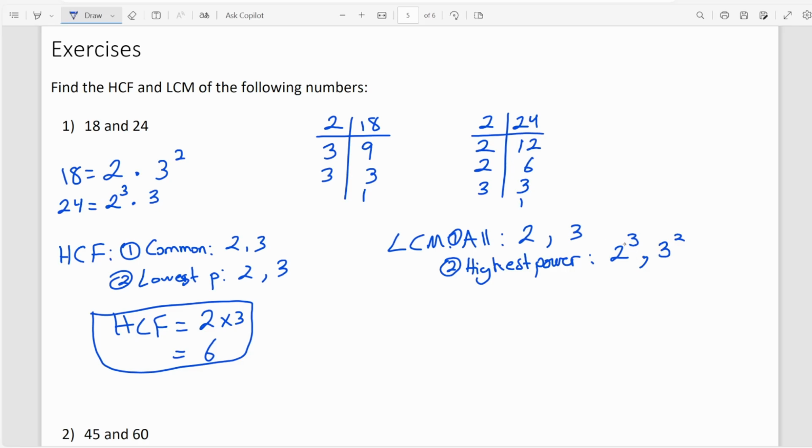The highest power for the 2 was 2 to the power of 3, and the highest power for the 3 was 3 to the power of 2. And so LCM is equal to 2 to the power of 3 times 3 to the power of 2. You can either do this mentally or plug it on the calculator. Gives you 72 because this is 8 times 9, okay?